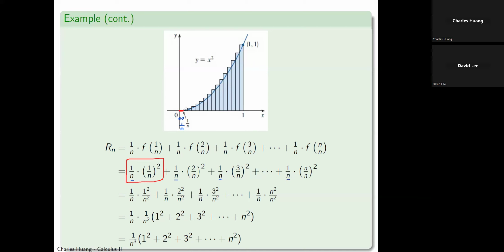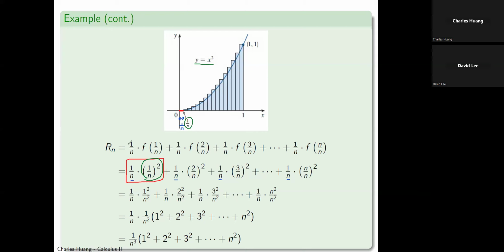What's the height? The height is the y value on the right-hand side. The y value on the right-hand side is 1/n, and we're going to square that, because this is my function. The y value is x squared. If you have a different function, we will have a different thing in here.